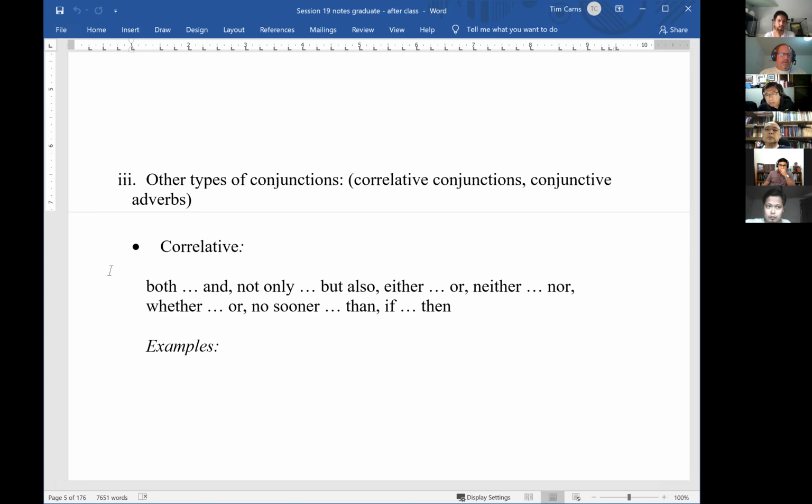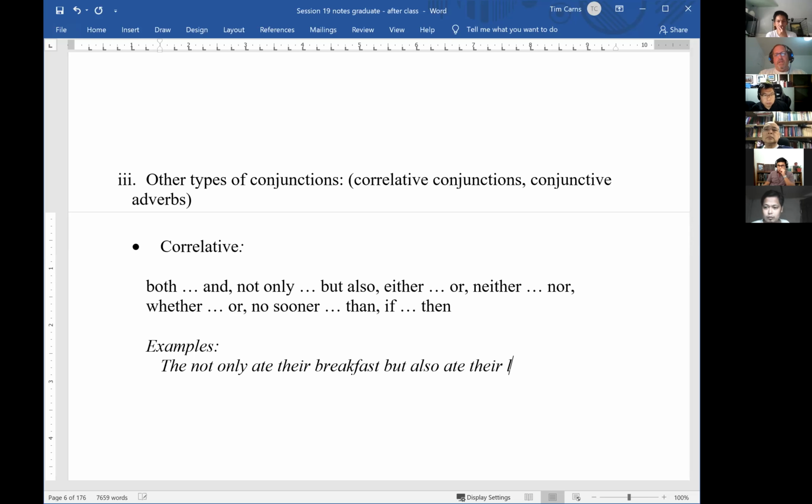A few examples might be: they not only ate their breakfast, but also ate their lunch. And so here we have this word pair, not only, but also. And those together form a conjunction called a correlative conjunction.